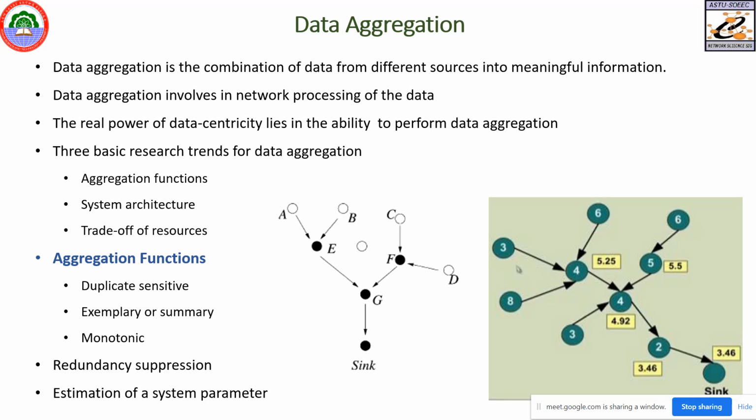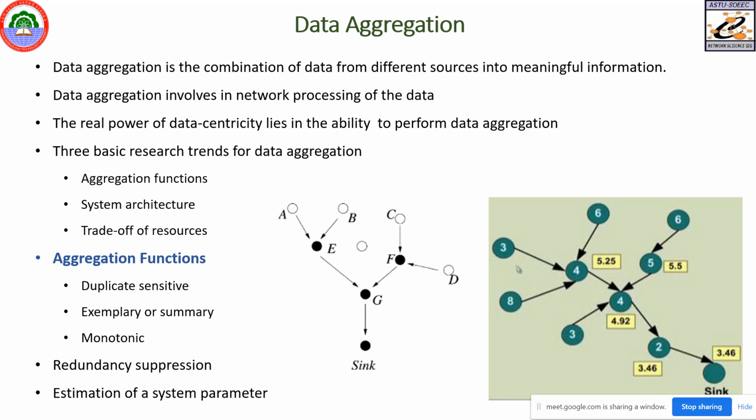So data aggregation means that when data is transmitting from one location to another, there is a possibility of combining multiple pieces of data into one single piece to transmit.